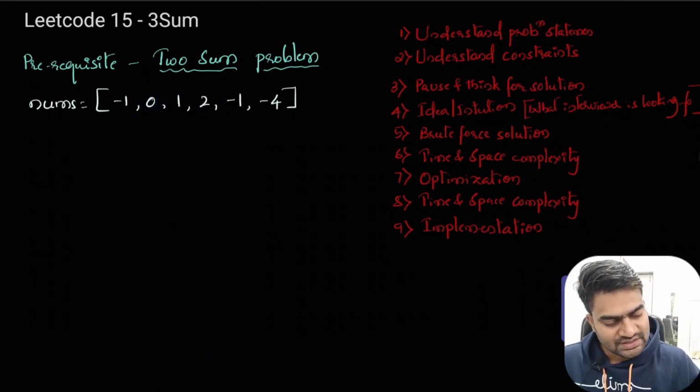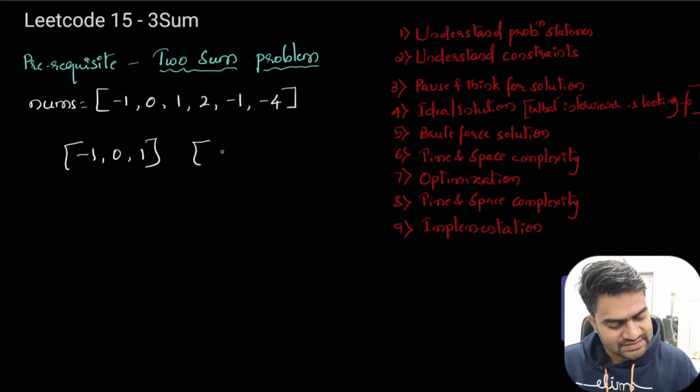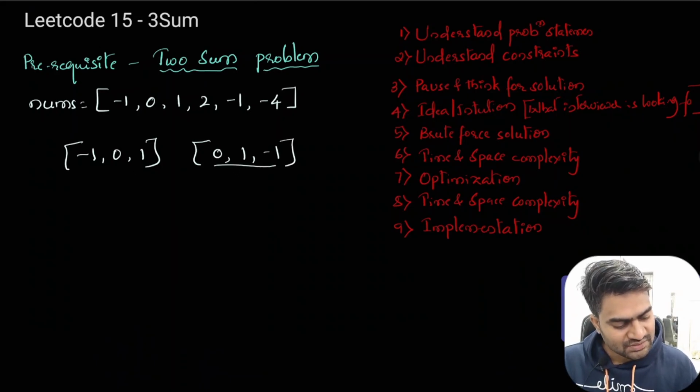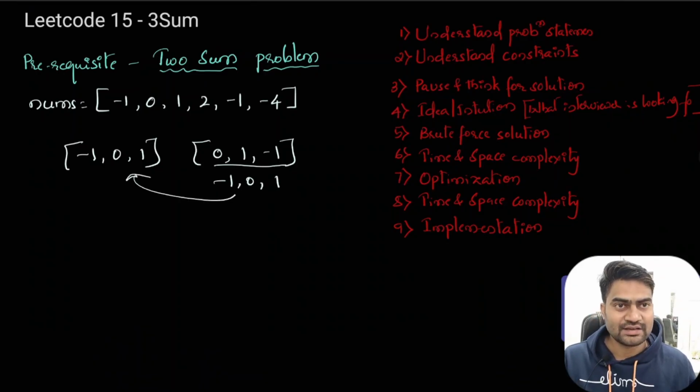The other one is 0, 1, minus 1, but if you sort them, this will also become minus 1, 0, 1, which is already there. So we should not consider this duplicate. That's what the problem statement says.